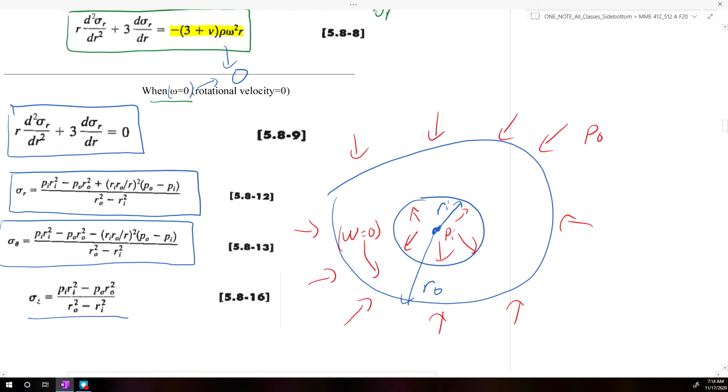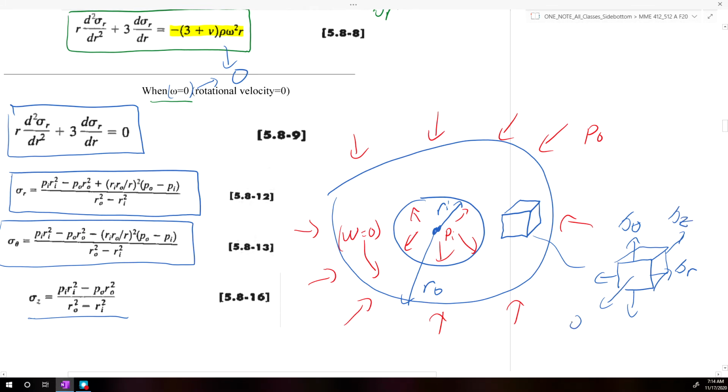If we took a small element out of our section, we would get a stress element that would have a radial stress and a tangential stress, and if we make it a 3D element, it could have a stress along the z-axis.